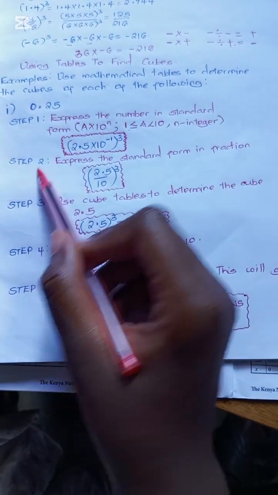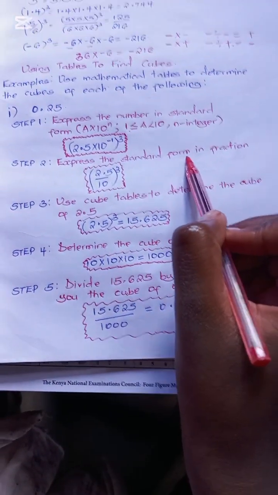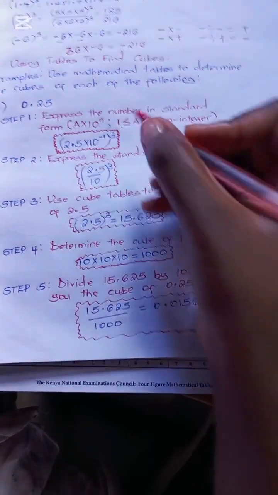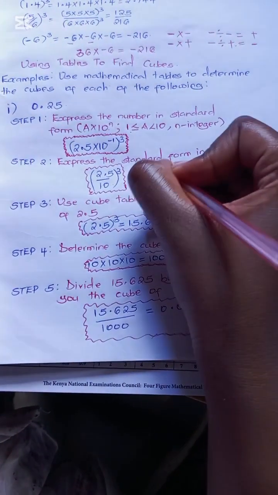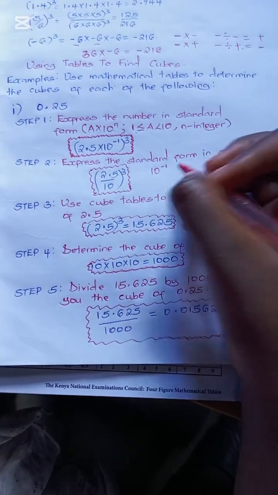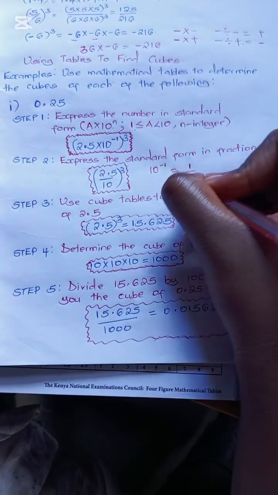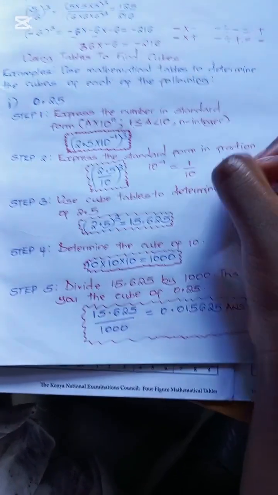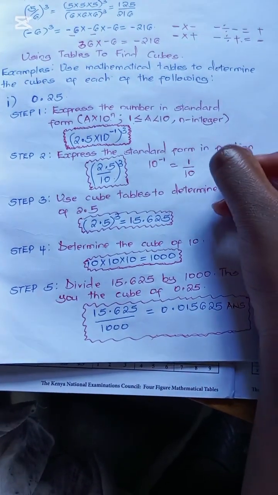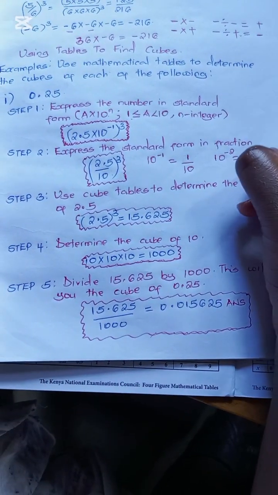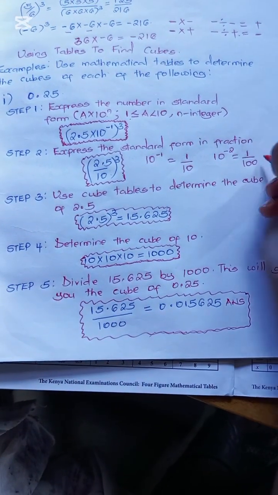The second step, express the standard form in fraction. So 10 power negative 1 is the same as 1 over 10. If we had 10 power negative 2, this would be 1 over 100.